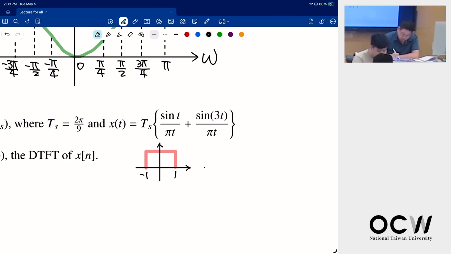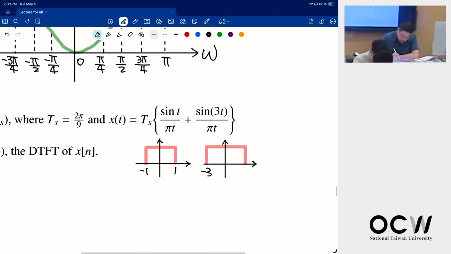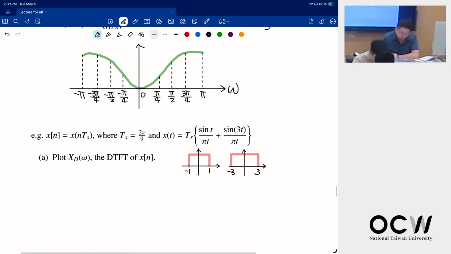And sine 3t over pi t will be from minus 3 to 3.